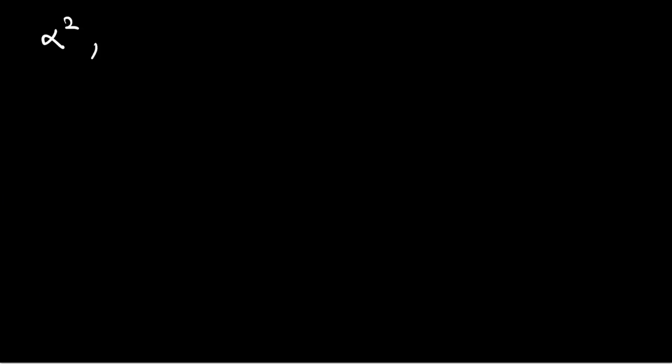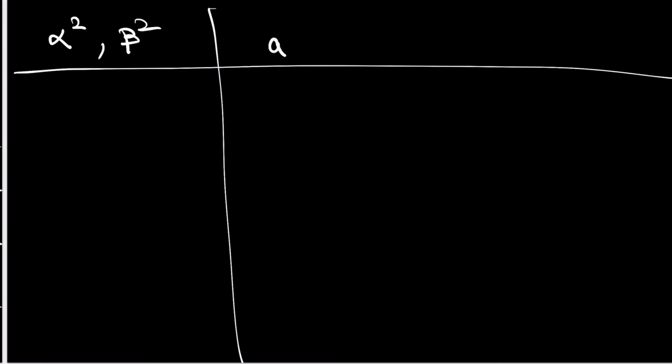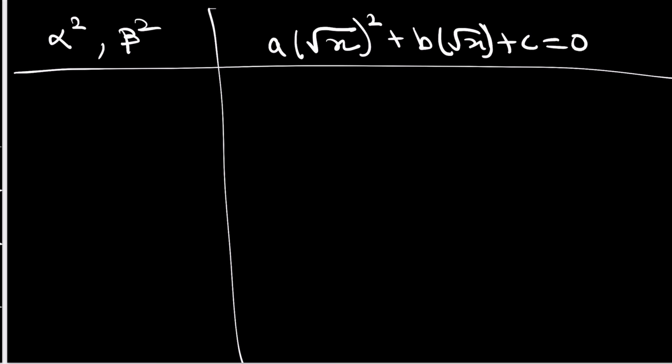If roots are squared, then what will happen? The equation will have the square root of x: a into square root x squared plus b square root x plus c equal to 0. If it is squared, it is square root. You understood the relation between these two. Whatever operation is happening with the roots, the reverse of that operation will happen with the equation.